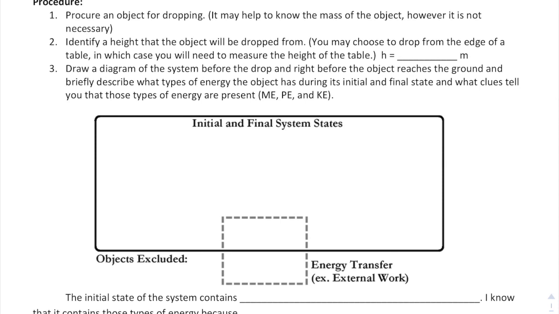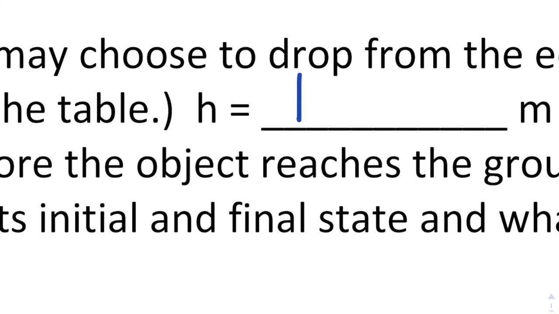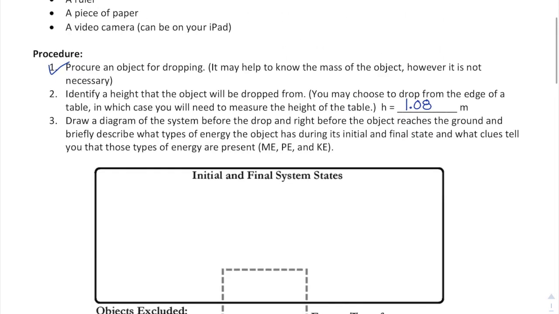Today, again, I procured an object for you. I identified the height. It is 1.08 meters. We're using the same lab document that you're going to be using next week so that you're familiar with it. Because I took the videos for you, there are a couple of things in the procedure that you don't necessarily have to do.